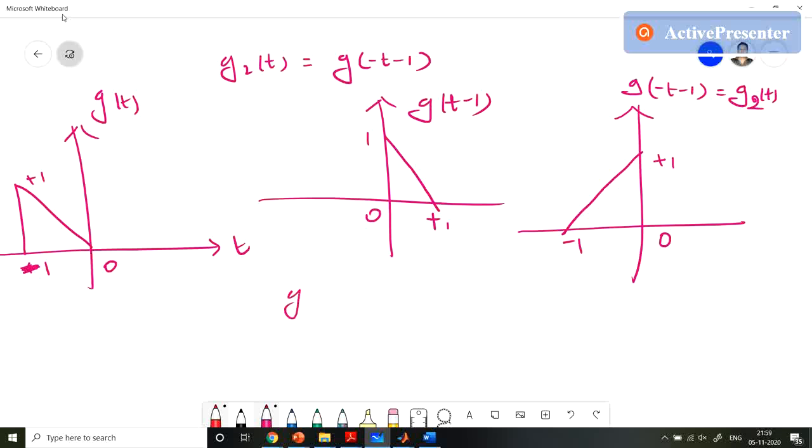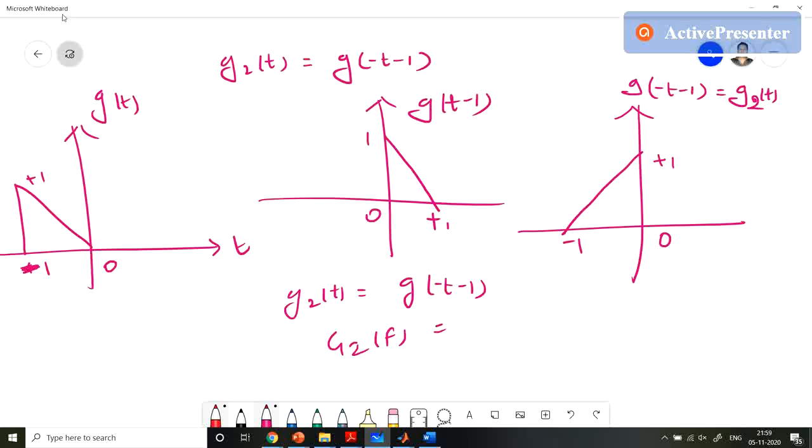Now G2t is equal to G minus t minus 1. So we just perform that scaling. G2f is equal to, here we have this shifting and time reversal.